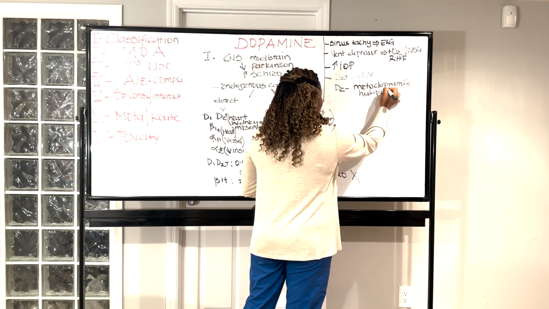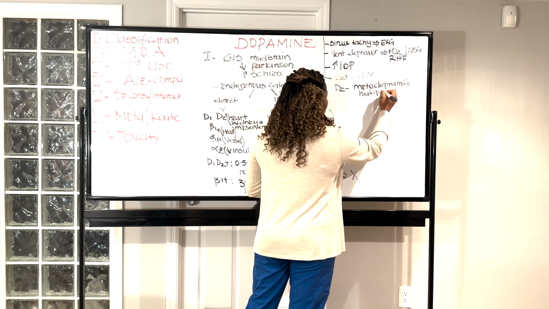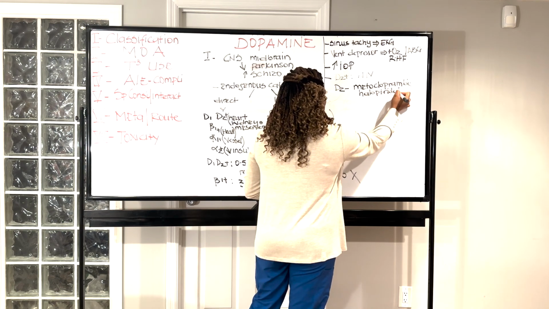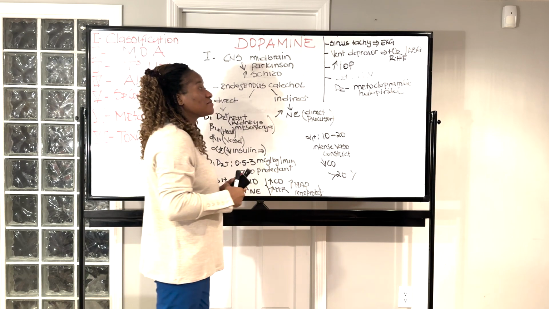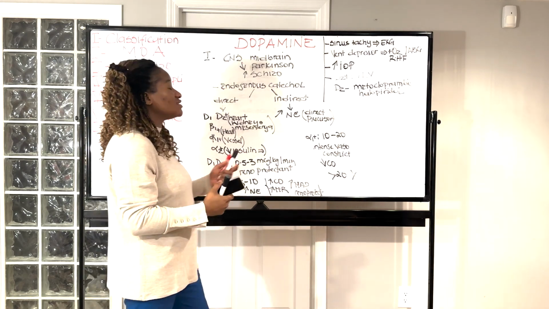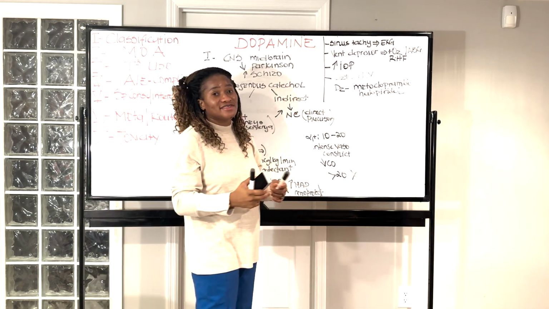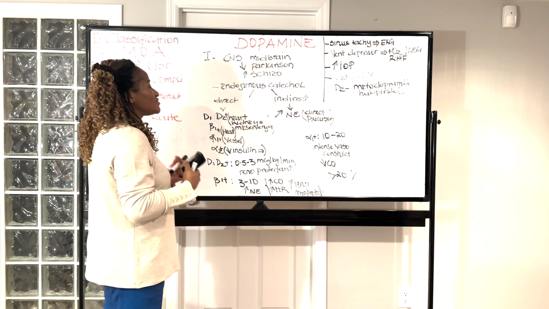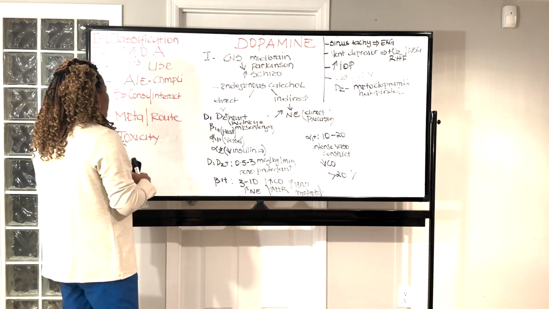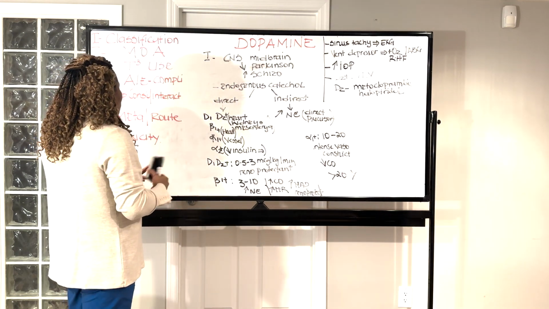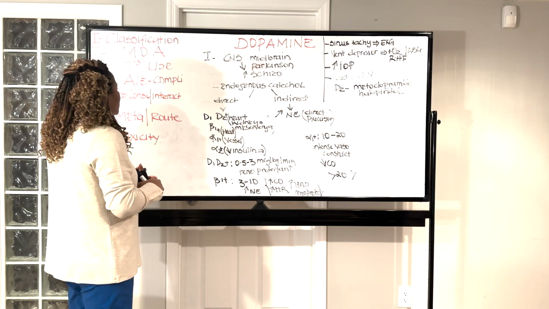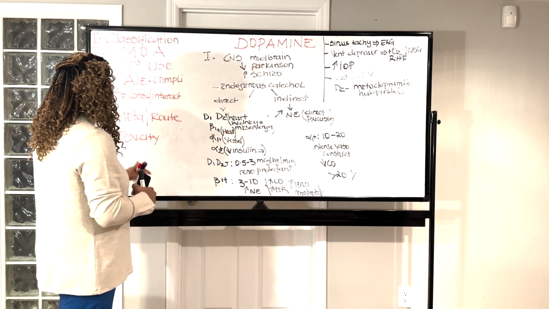These drugs are given for nausea and vomiting, but by giving them, you're actually antagonizing dopamine at the receptor D2. So also be aware. Special interaction, we're gonna get to that.